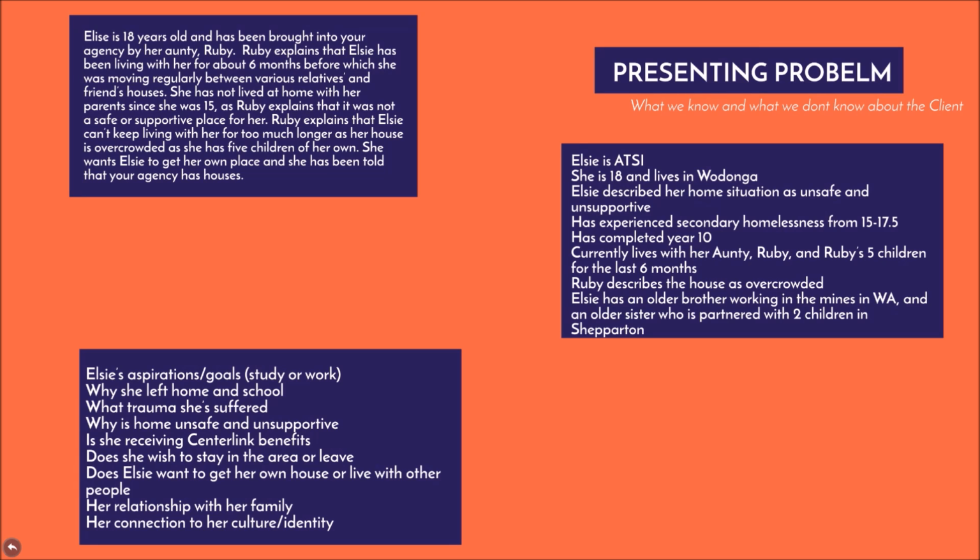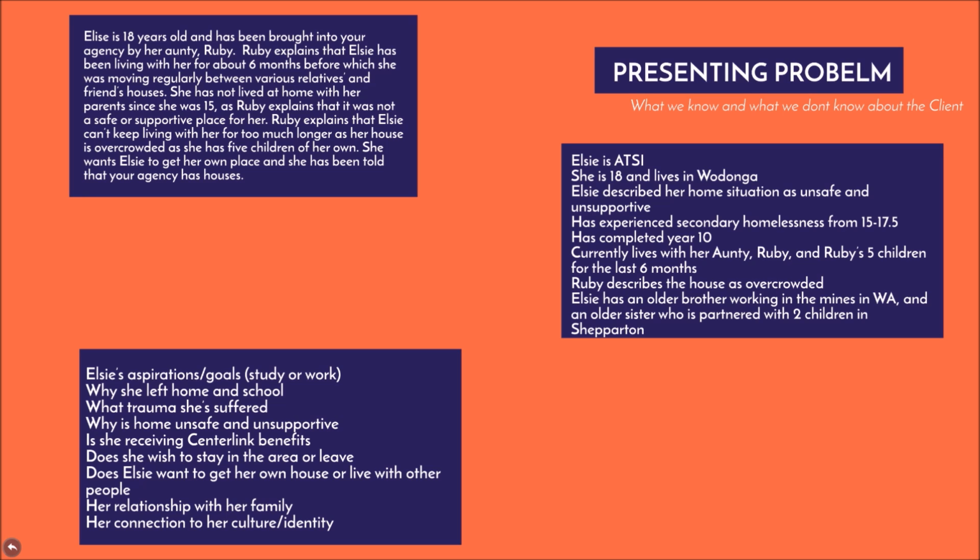The 3 that we have highlighted are that she's of a youth or adolescent age group, that she is a woman, and that there may be trauma. So what does that mean for this client? Considering that she had a period of secondary homelessness in her youth, she may have experienced a breakdown of her family structure because of her siblings moving away. These may have previously been her supports.